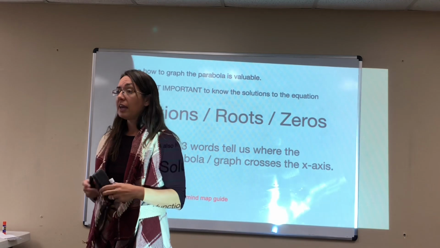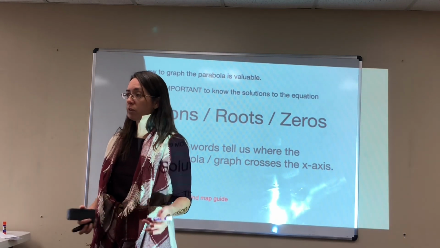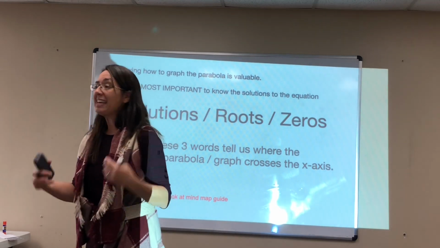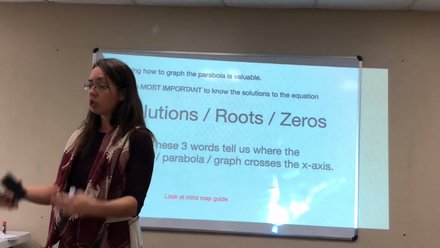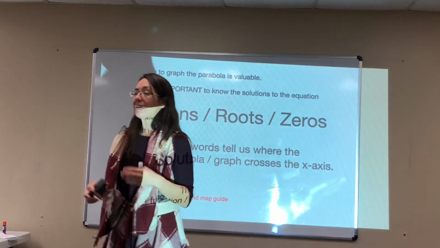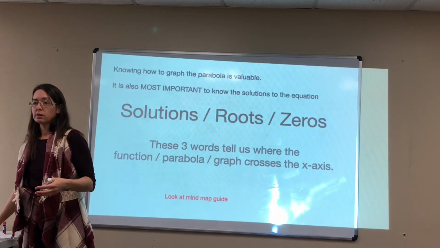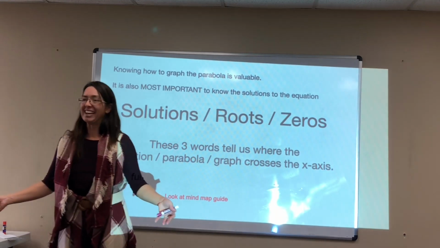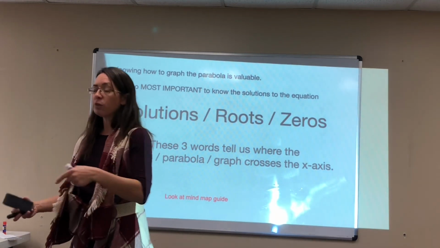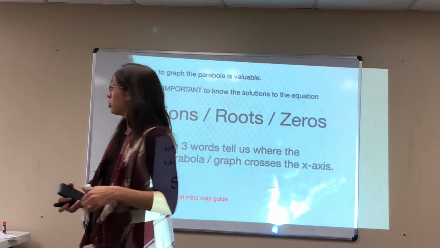It gives us 2 already, right? And we're always looking for the solutions. So the easiest form to use is our factored form, because it already gives us a solution. And what's the whole point of math? To find the solution. So the factored form is the easiest way to find our solutions.